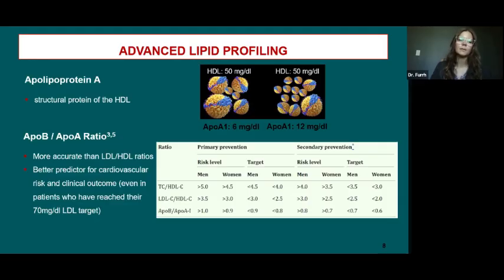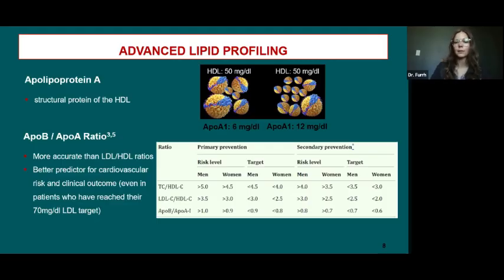And same concept, you can build the ratio of ApoB to ApoA. Since we're counting particles now, it is more accurate than the LDL-HDL ratio, and therefore the better predictor for cardiovascular risk and clinical outcome. And that is true even in the patients that have reached their 70 milligrams per deciliter LDL target.